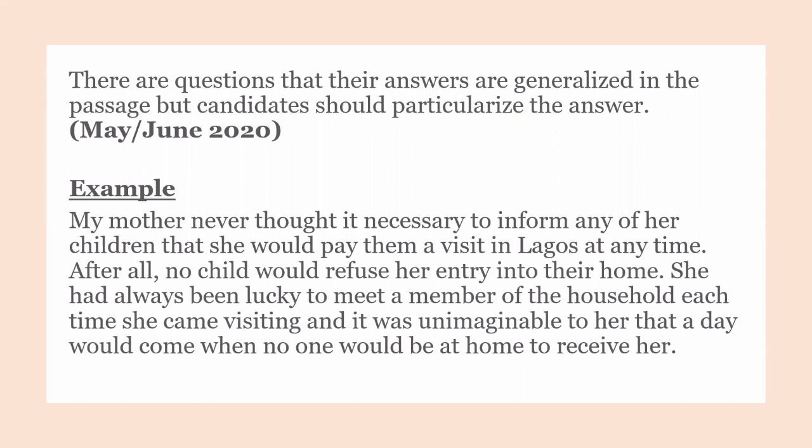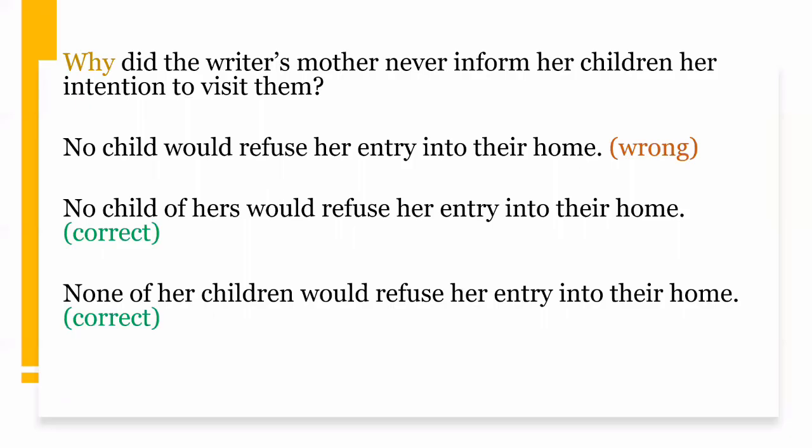After all, no child would refuse her entry into their home. She had always been lucky to meet a member of the household each time she came visiting, and it was unimaginable to her that a day would come when no one would be at home to receive her. The question is, why did the writer's mother never inform her children her intention to visit them?